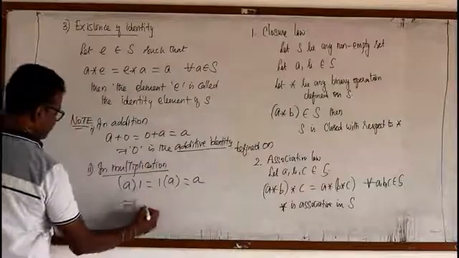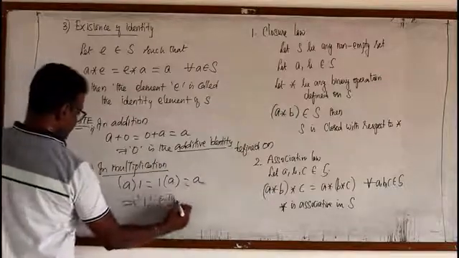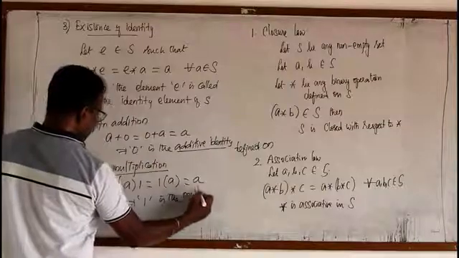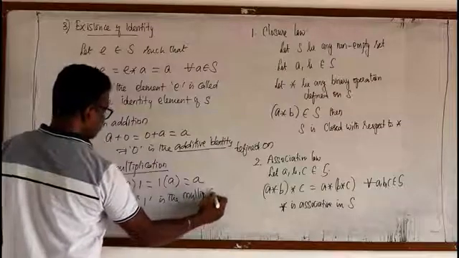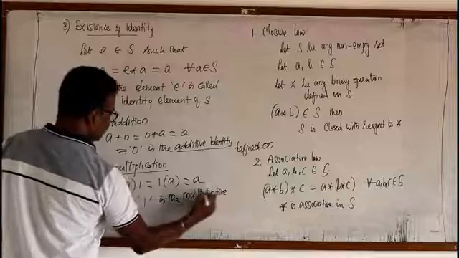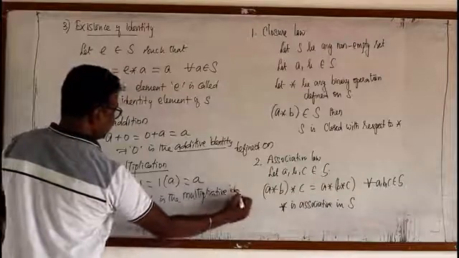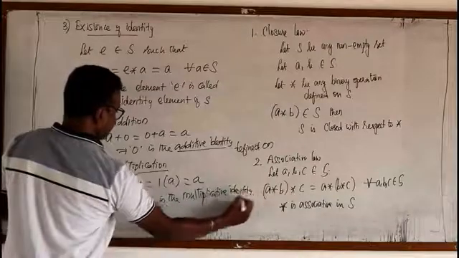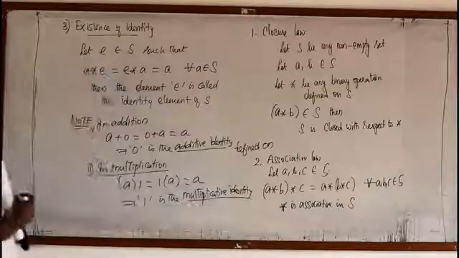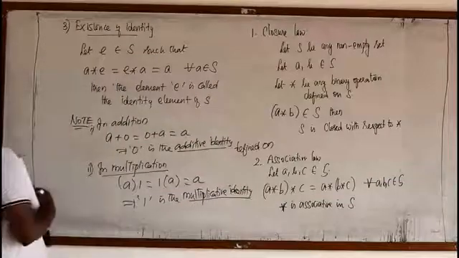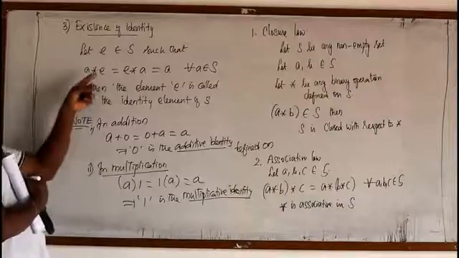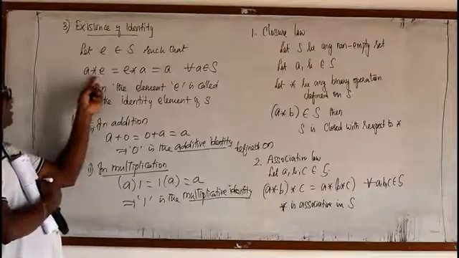Therefore, this 1 is called the multiplicative identity in that set. So this is called existence of identity. If I operate any element with E, the answer will be that element.